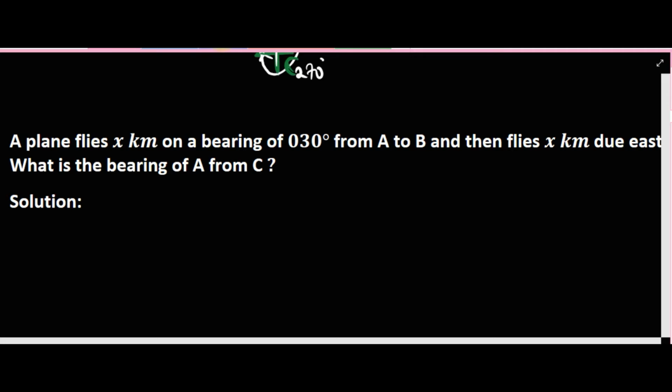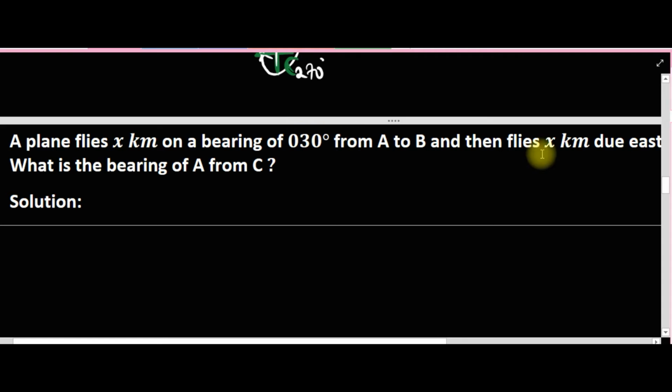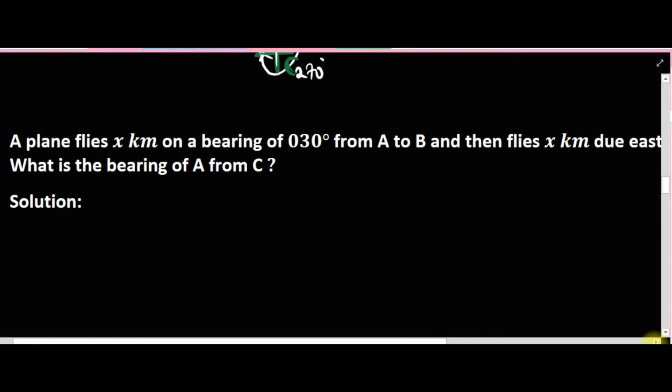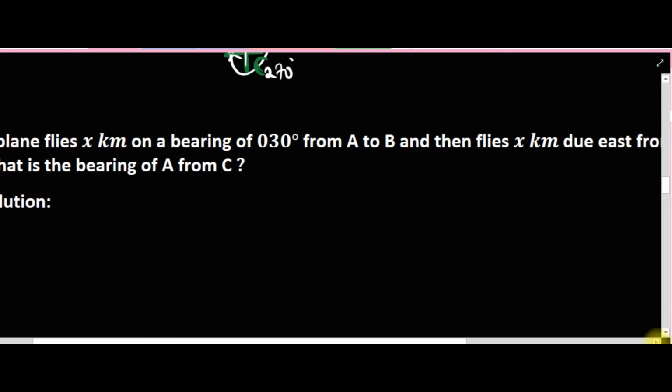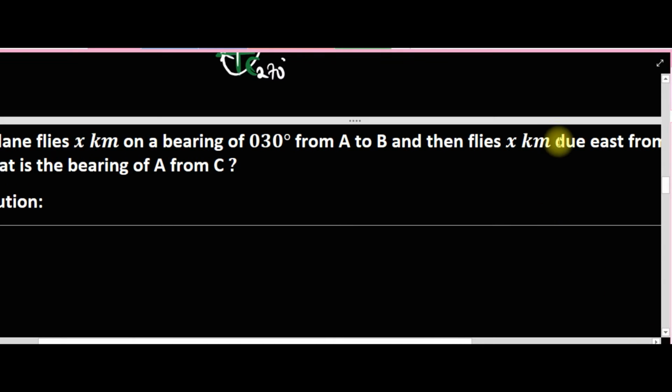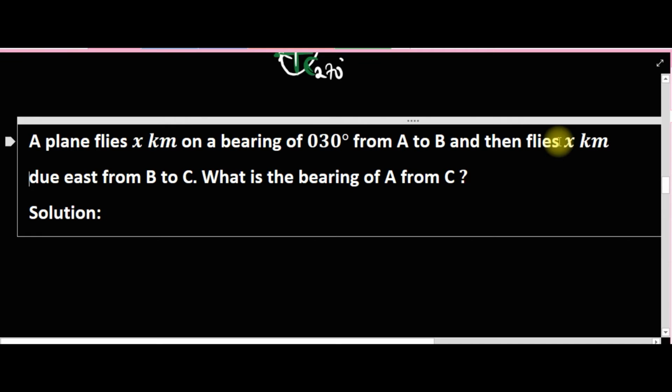A plane flies x kilometers on a bearing of 30 degrees from A to B and then flies x kilometers due east from B to C. What is the bearing of A from C?